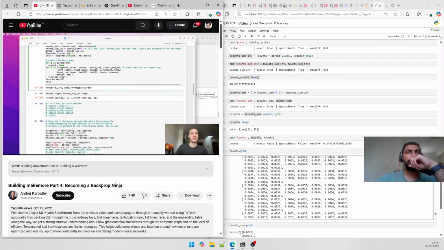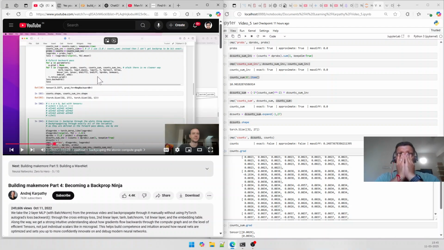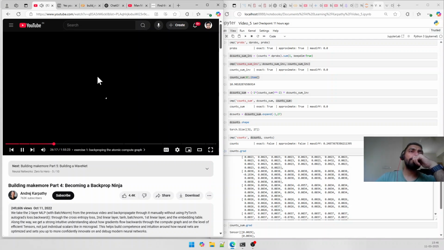To create props. So from props to count sum inf, we just did that. Let's go into counts as well. So dcounts will be, exact match.